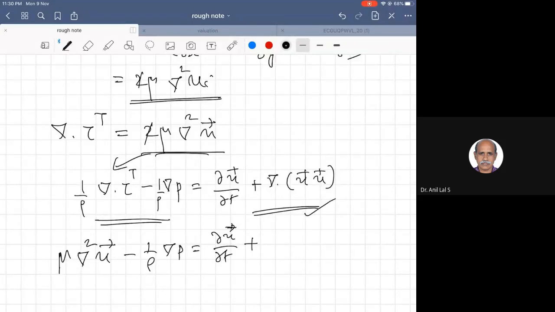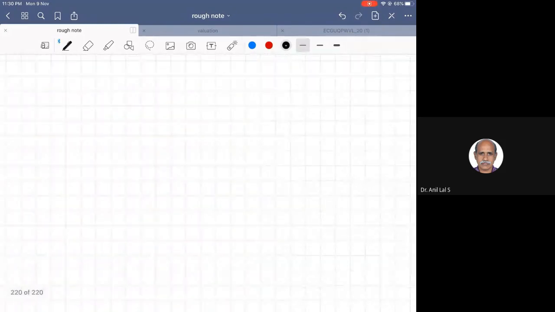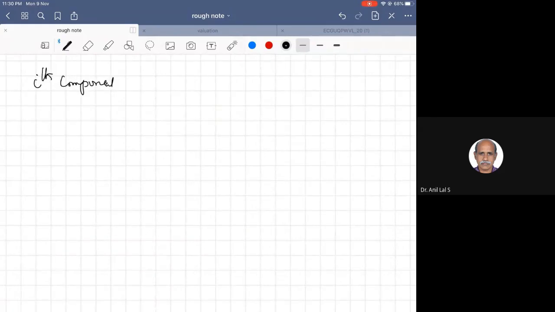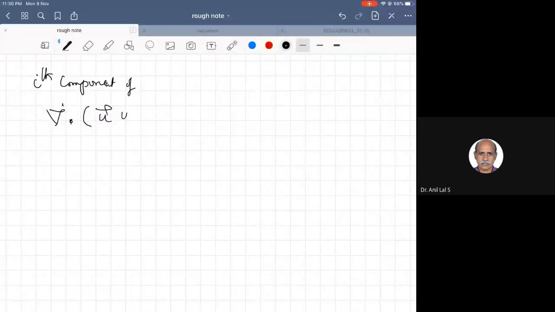this also we can do a little bit by using the index notation. So we will write the ith component of del dot u u equal to ∂/∂xj of ui uj.